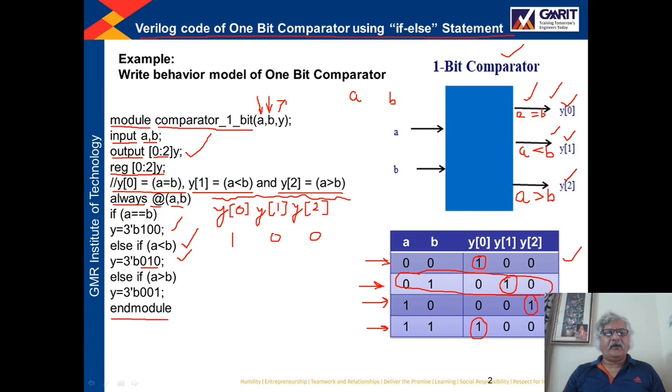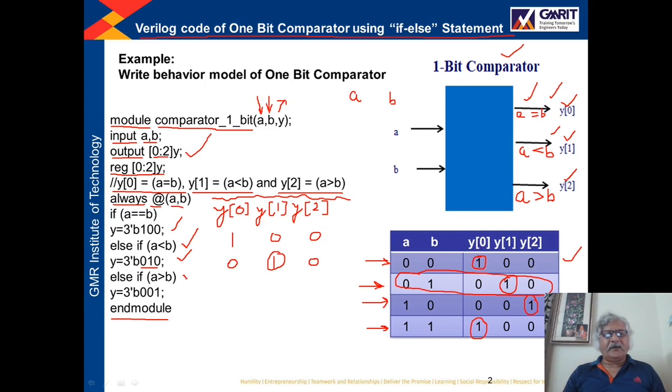Right, here it is 0, 1, 0. So how will it be assigned? 0 will be assigned to y0, 1 will be assigned to y1, and 0 will be assigned to y2. So in this way y1 will get 1 if a is less than b.